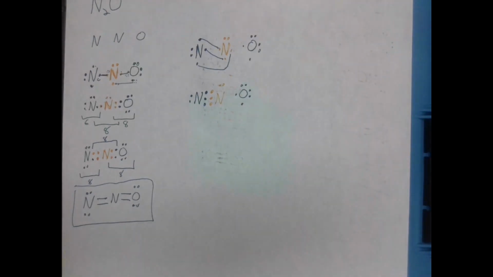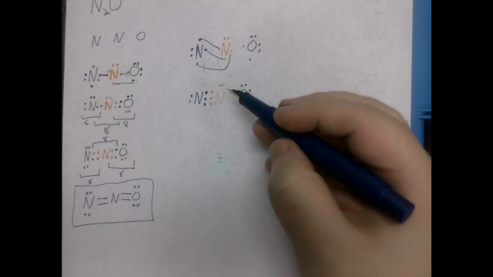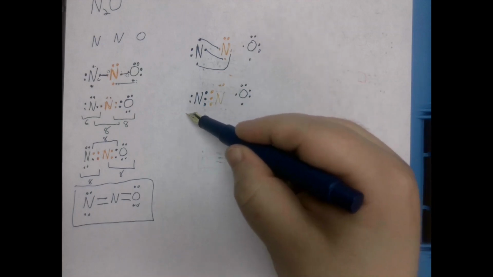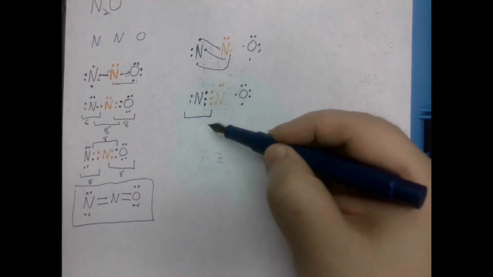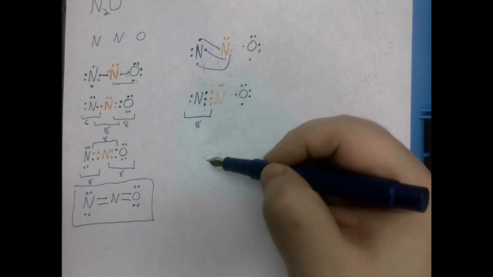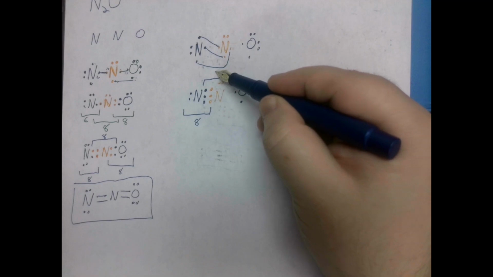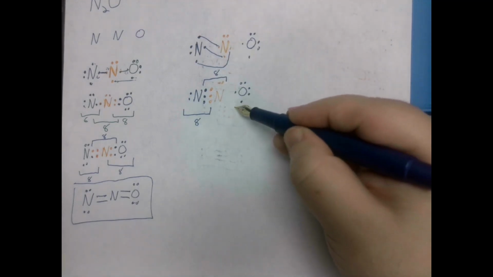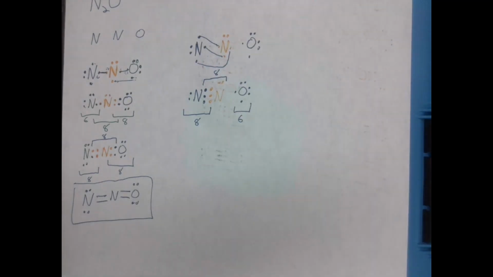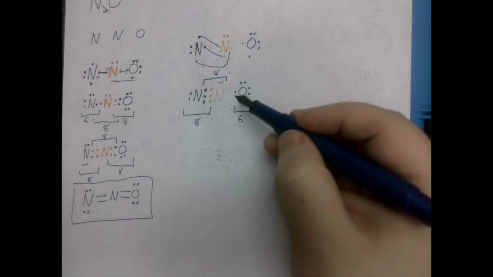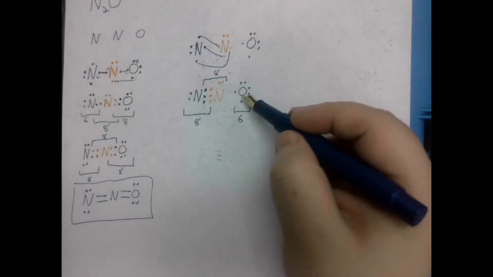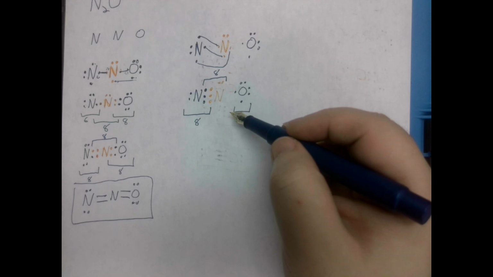Can I add oxygen to this? Well, here's one thing we need to look at. How many are already around here? We have 8. How many are on this nitrogen? 8. And oxygen has 6. So this tells us that oxygen isn't going to share any of its electrons.